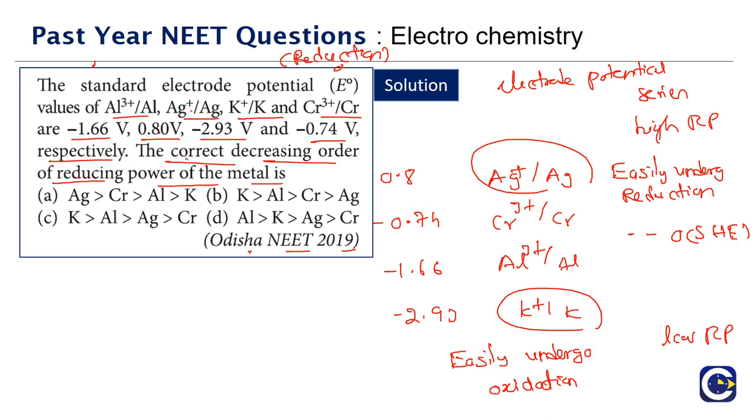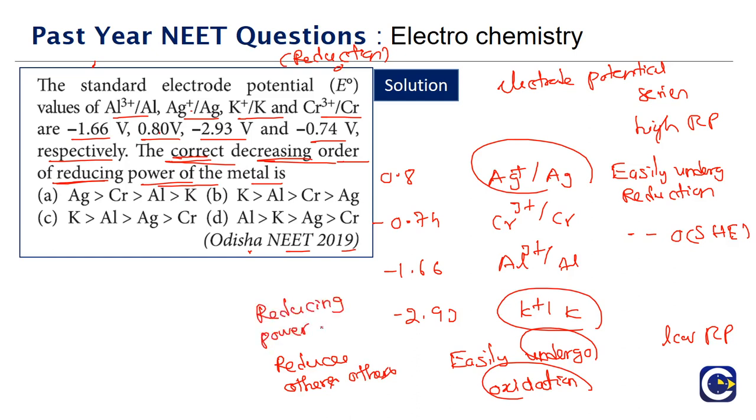Now let us come to what they are asking. They are asking the correct decreasing order of the reducing power. So we have to arrange them from high reducing power to low reducing power. See, whenever a metal is able to easily undergo oxidation, it can easily reduce others, isn't it?